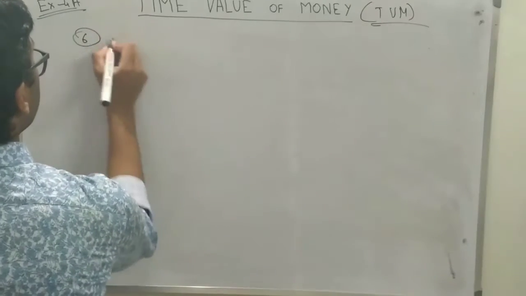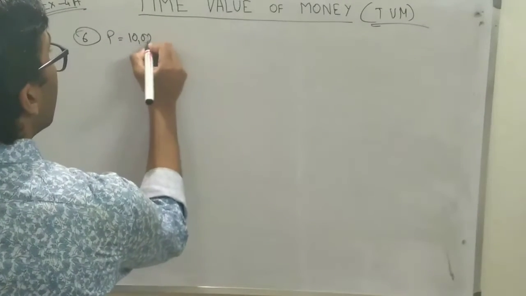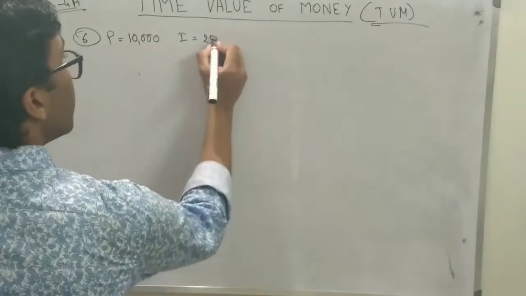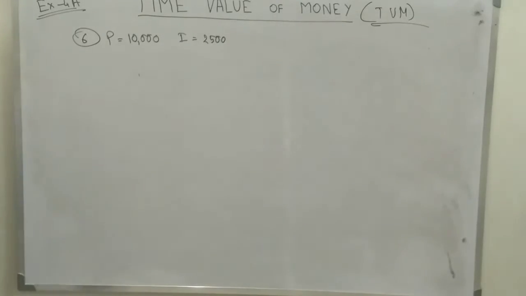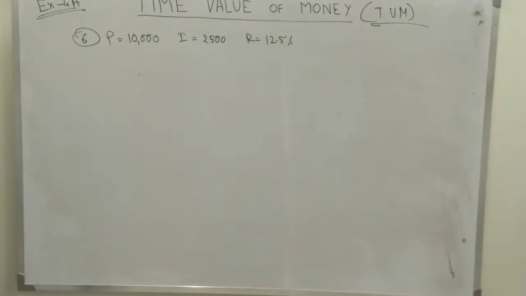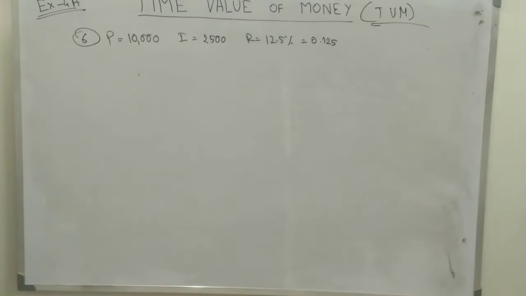Now question number 6, it is given P is equal to 10,000, I is equal to 2,500, R is given as, that means the rate of interest is given as 12 1 by 2, that means 12.5%, which will be 0.125. Okay. The number of years T will be.